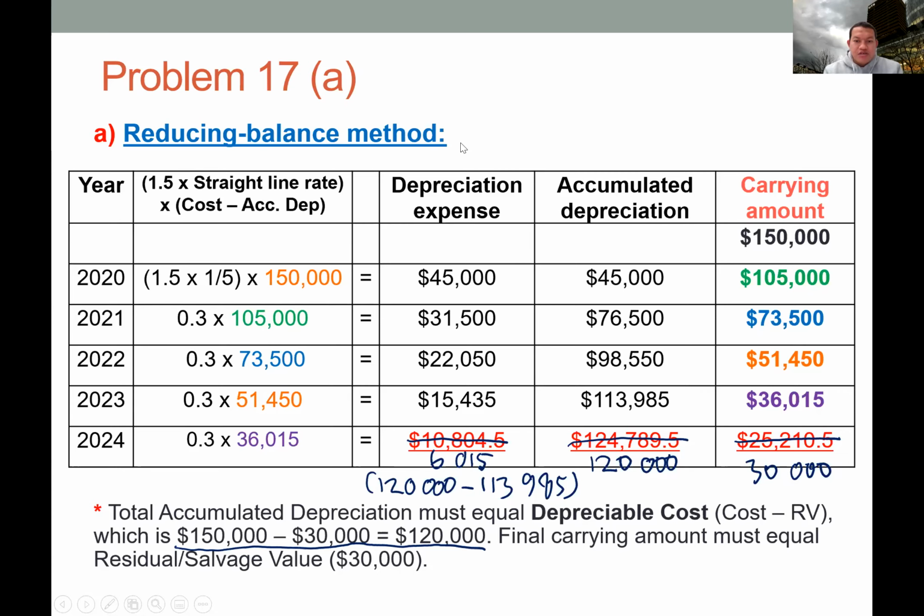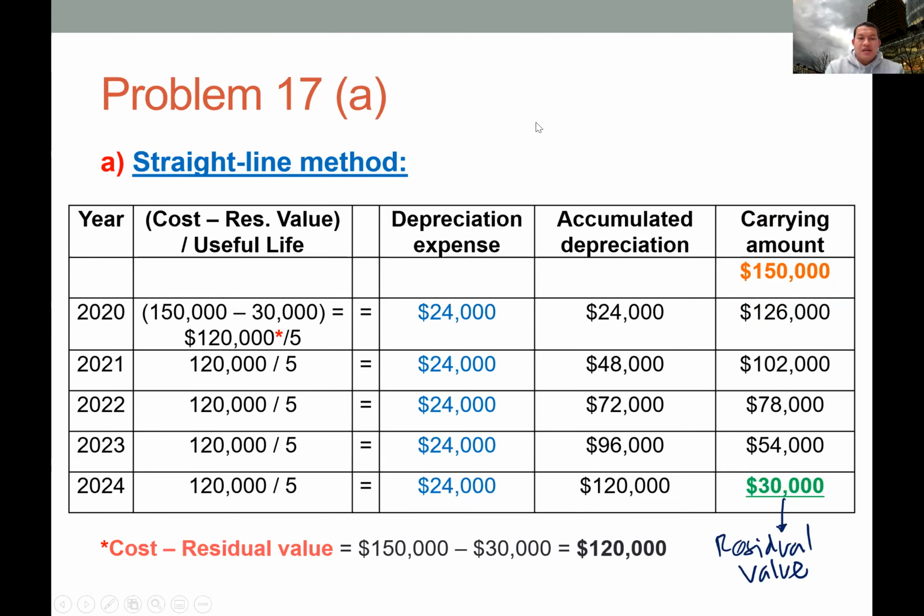Could you quickly go back to the straight line method one? Okay, so let's go back to the straight line method. I think for the straight line method, it's quite straightforward.